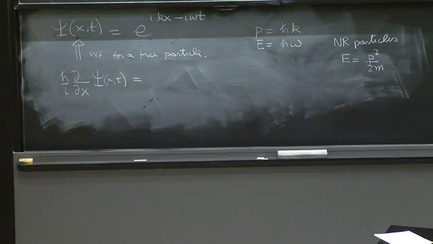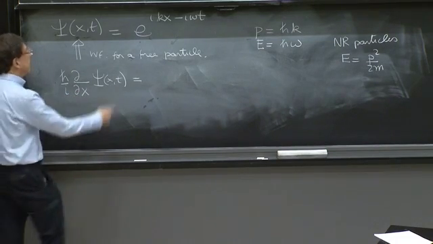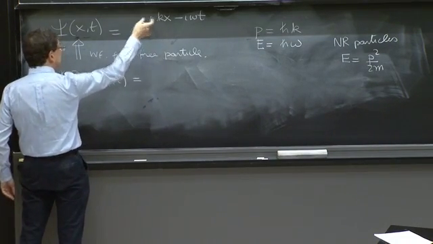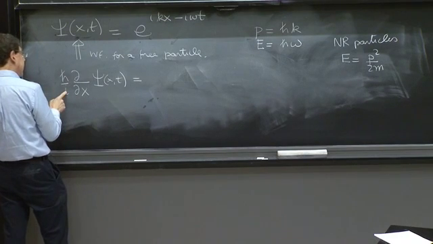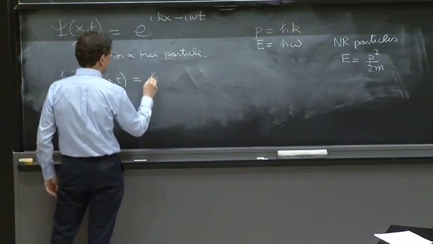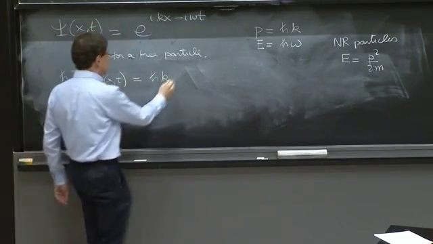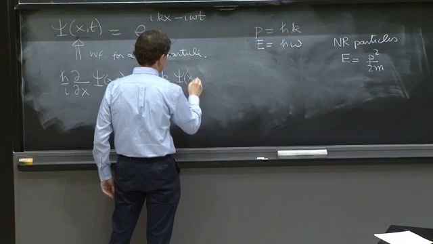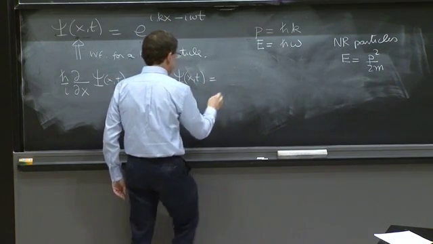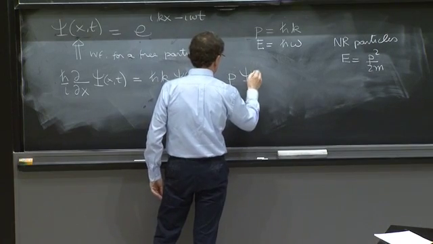Calculate this thing. Now, if I differentiate with respect to x, I get here i times k going down. The i cancels this i, and I get h bar k times the exponential. And that is equal to the value of the momentum times the wave.